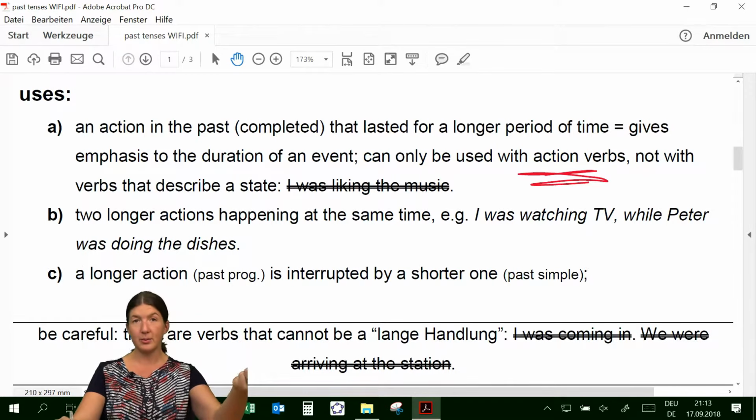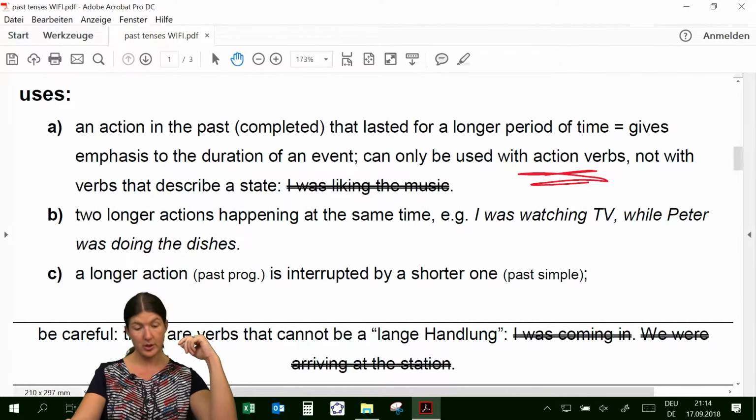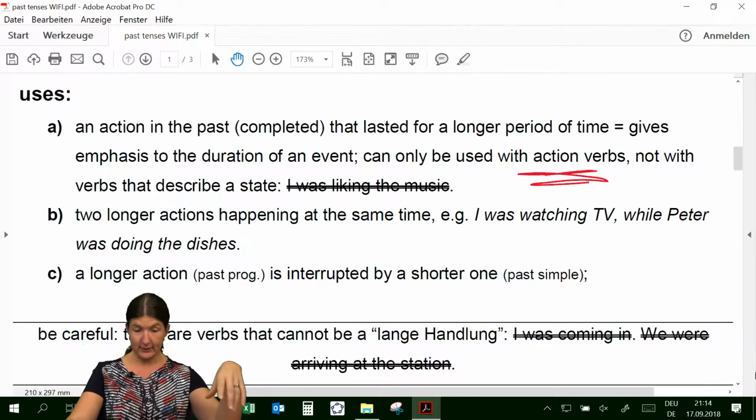You either have to interrupt the shower as well or you don't, but in any case, the ringing interrupts the longer thing. So I was having a shower when the phone rang, when the doorbell rang. I was having a shower when mom shouted that dinner was ready, whatever. Something like that. I think you get the point. My examples are always so incredibly creative.